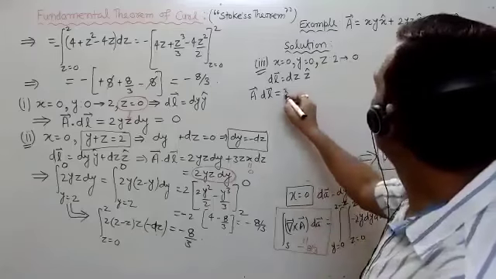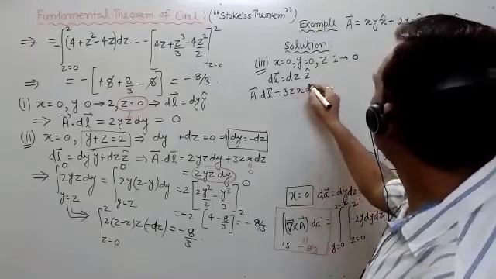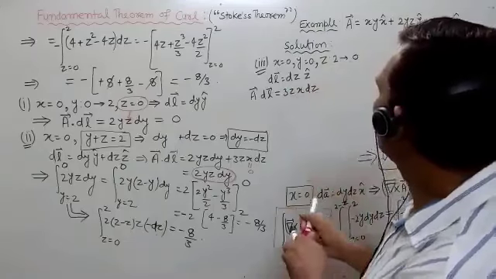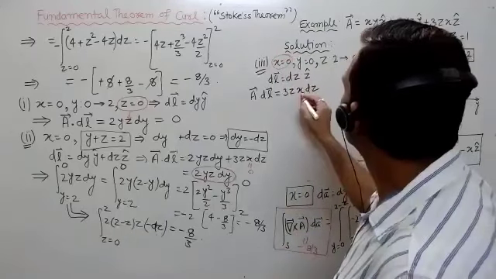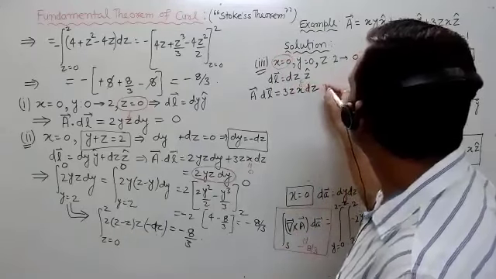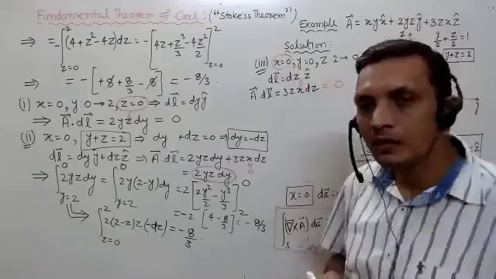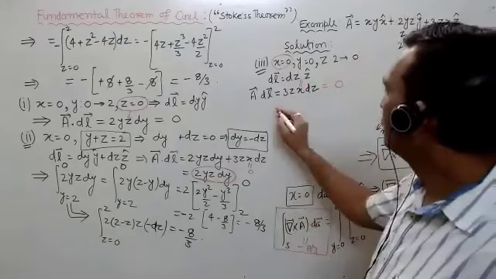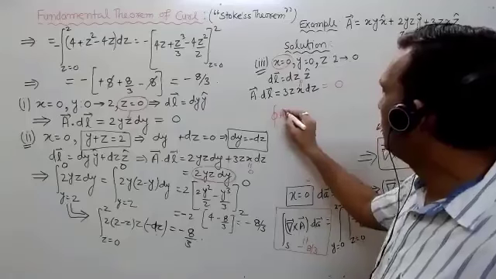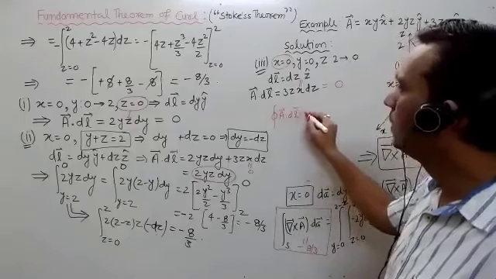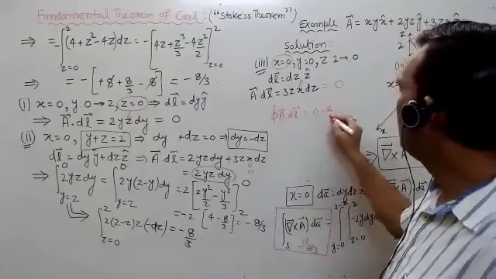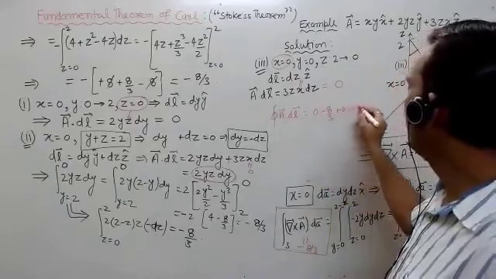A dot dl will be 3zx dz. Again you can see this x is 0, this x is 0, so this a dot dl will be 0. So closed a dot dl will be 0 minus 8 by 3 plus 0 is minus 8 by 3.